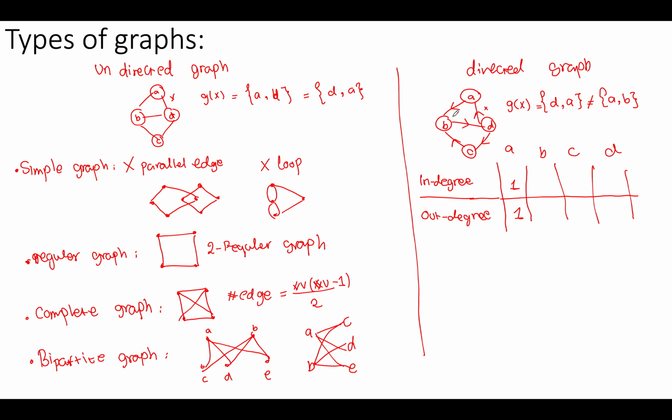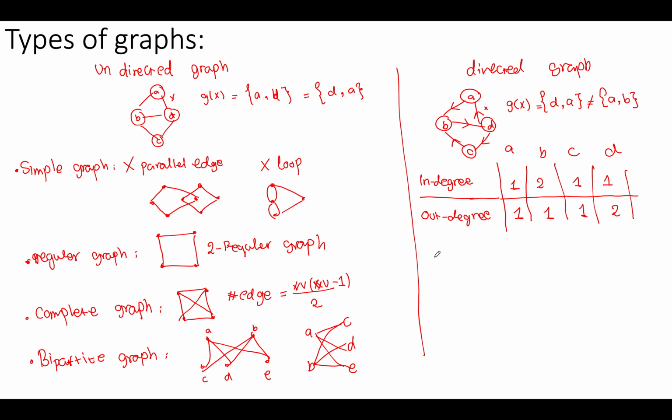For B, we've got two arrows pointing in, one pointing out. For C, one is in and one is out. And for D, we've got two out, one in. So here, 1 and 2.